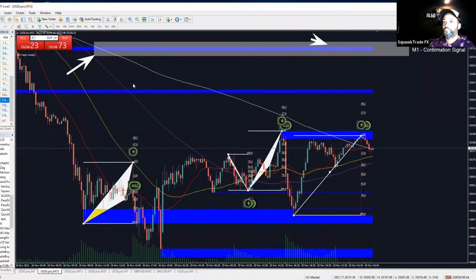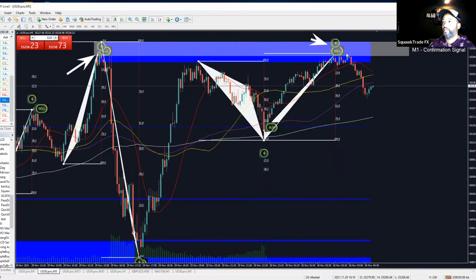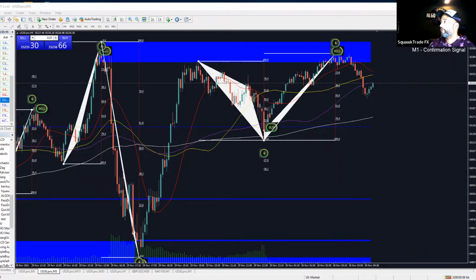It's drawing the zones out. And if I go back to the 5, you could see my indicator drew out that level of support right at this level.